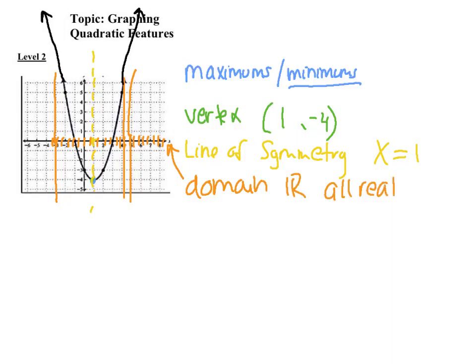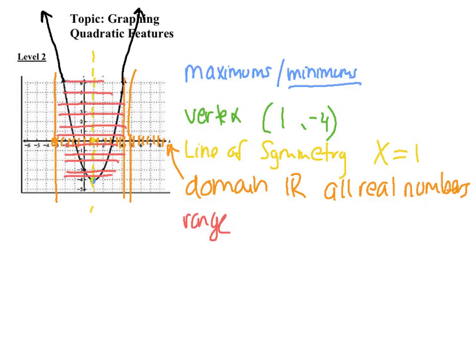And that symbol means all real numbers. The last thing that we're going to talk about is called the range. The range is going to be all the y values. So now I'm going to start drawing horizontal lines to cross the y-axis. So if I draw horizontal lines, ask yourself, are you hitting the graph?